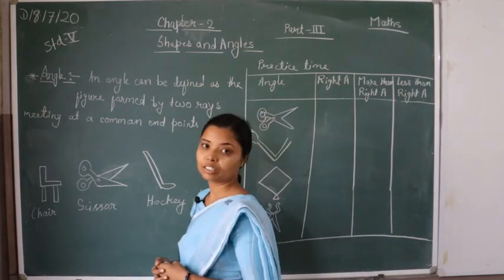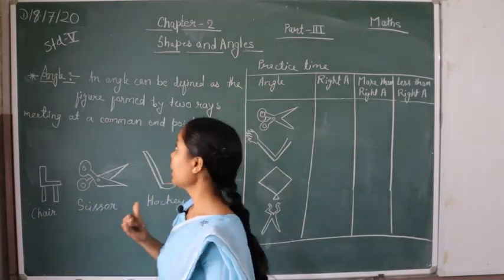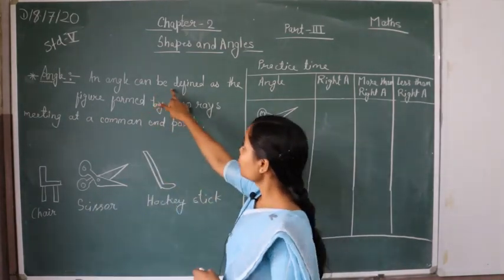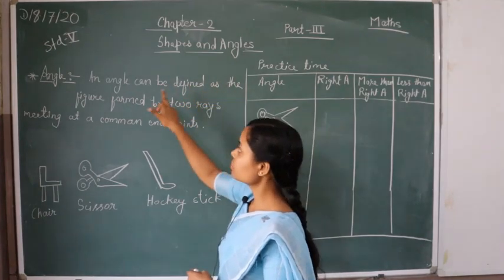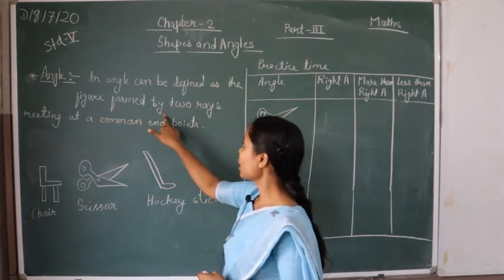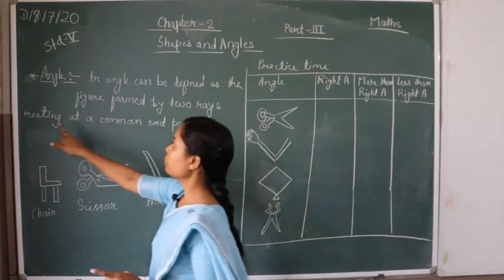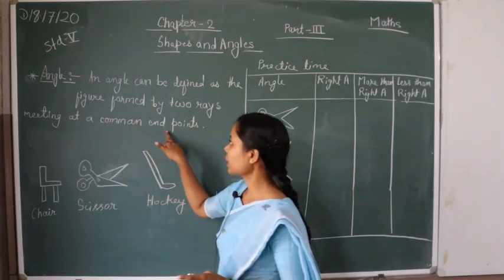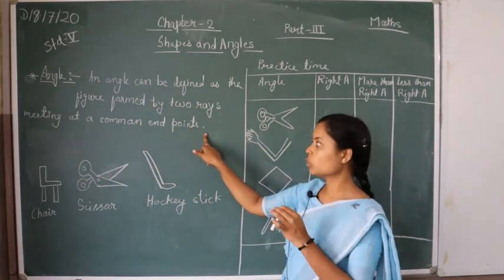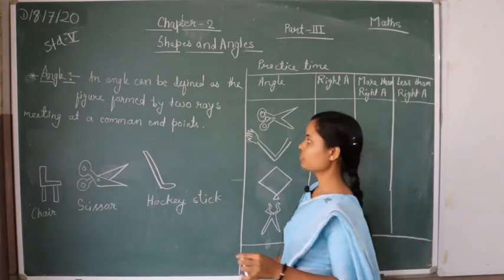What is an angle? An angle can be defined as the figure formed by two rays meeting at a common end point. We will look at this by making a figure.